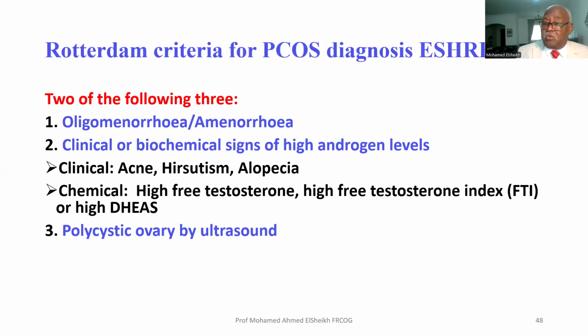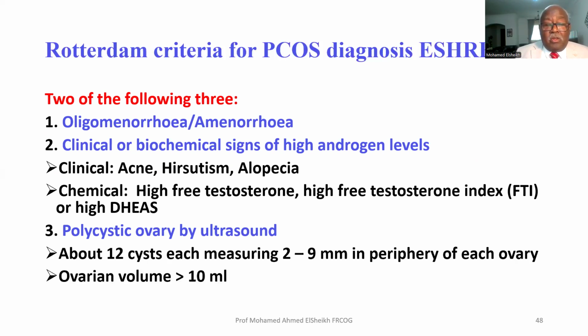Biochemical: high free testosterone index, or high dehydroepiandrosterone sulfate. The third criterion is by ultrasound. So clinically, disturbance of the cycle; biochemically or clinically, signs of high levels of androgens; and the ultrasound findings.